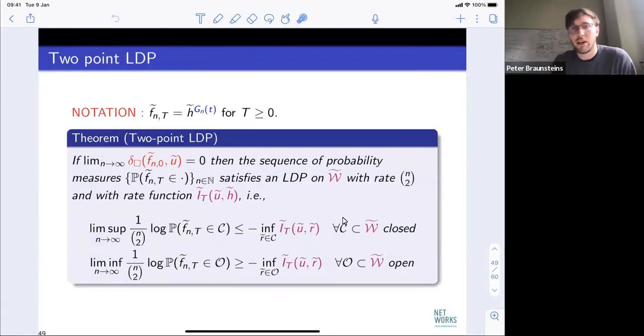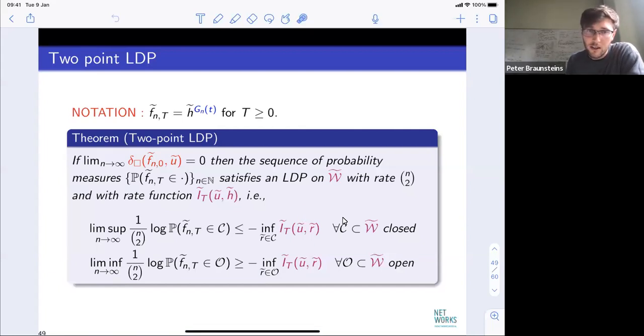Here's basically the main result that Frank, Michelle, and I came up with, which is a 2-point large deviation principle. 2-point because we're looking at 2 slices in time, 0 and time t. And what we've basically shown is that this rate function that we've guessed is the correct one.